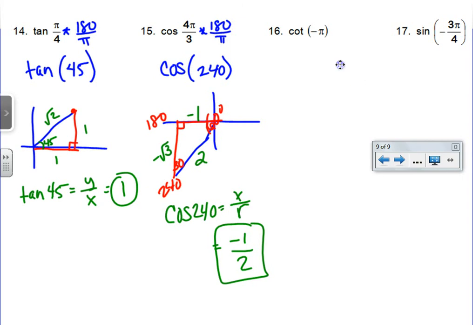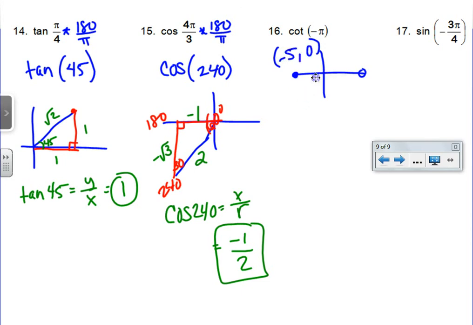All right, let's do one more. Cotangent of negative pi. Okay, this is 0. If I go negative pi, that means you're going to travel this way instead, but you still end up right here. Can someone give me any old point that would land right here? How about negative 5, 0?